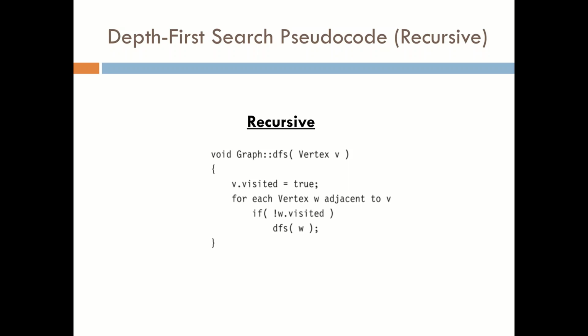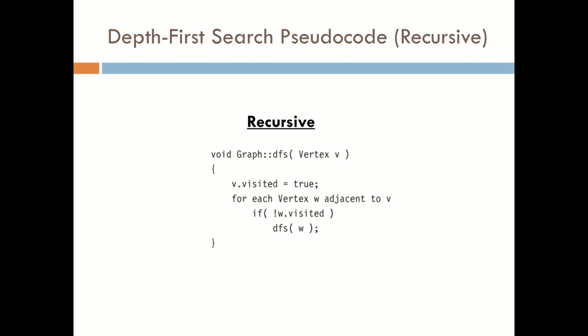So I mentioned backtracking, so that should automatically bring to your mind the notion of recursion, and it so happens that depth first search is often implemented as a recursive algorithm, and you see that the recursive form is really very simple.